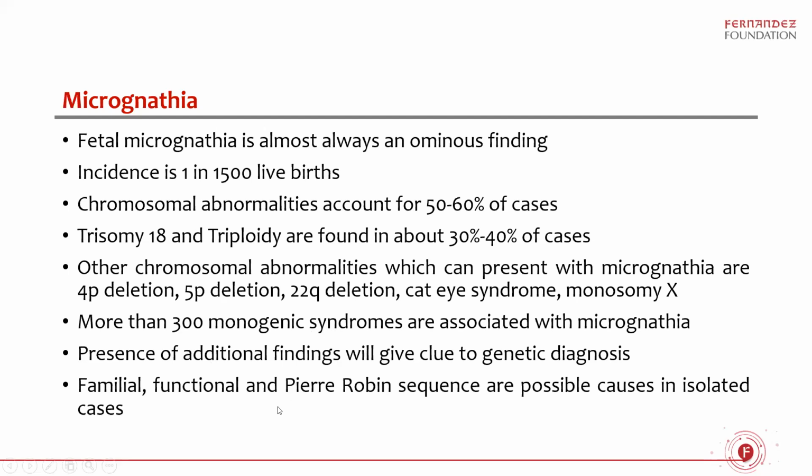Suppose the micrognathia is isolated without any other finding, the reason could be either that it is familial, so look at the parents or other family members to see whether there is micrognathia in some of them, or it could be functional. Sometimes there could be temporomandibular ankylosis which may lead to micrognathia, and Pierre Robin sequence is also one of the possibilities in cases with isolated micrognathia.